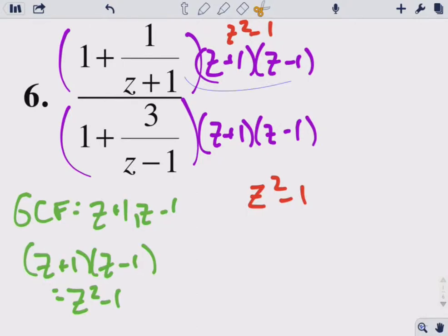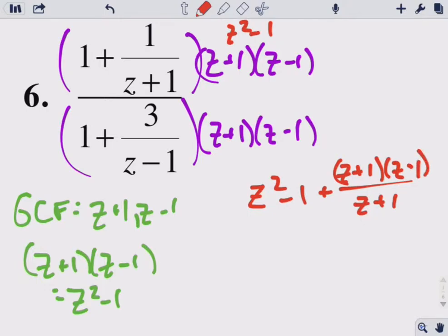And then this stuff over this. Okay, so I'll go z plus 1 on bottom, z plus 1, z minus 1 on top. All that over, same concept. Remember, this is the same thing as this. Okay, so I'm going to multiply this or this, which is the same thing, times this. And so I end up with, same thing, z squared minus 1.